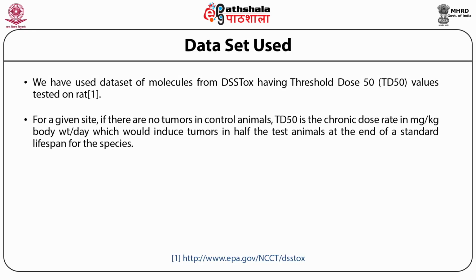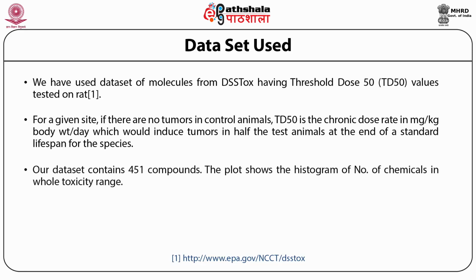However, this is a limited data set we took from DSS Tox, which is available freely, with a threshold value. The dose was TD50 values, and this test has been done only on rat. From the same site we have taken others also, like many other TD50, body weight, and chronic data. So we have models for many different kinds of LD50s or TD50s.